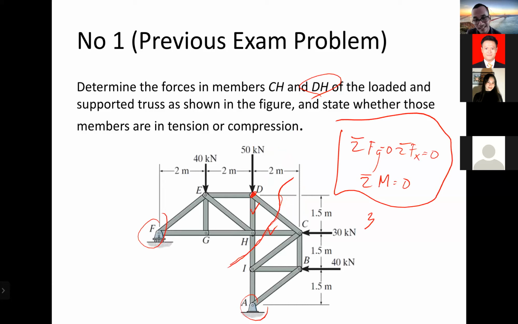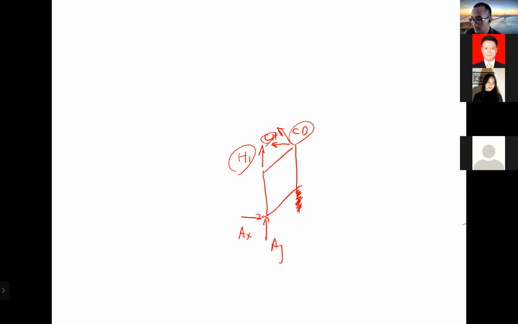Because C is known, right? Yes. So then later you will have it like this. CD is known, and my assumption is tension, so FCD is 50 kilonewton.